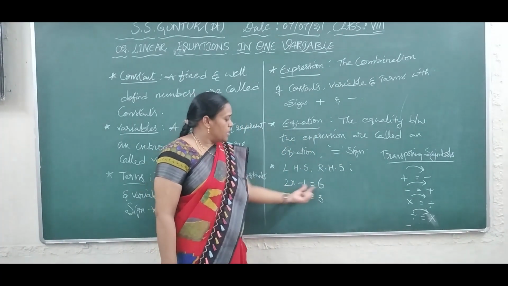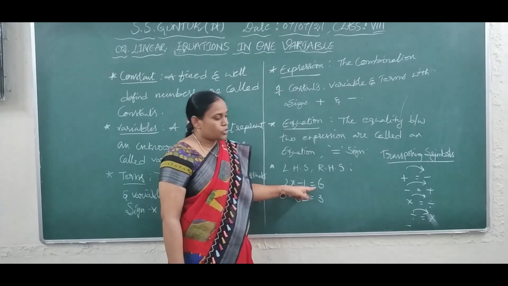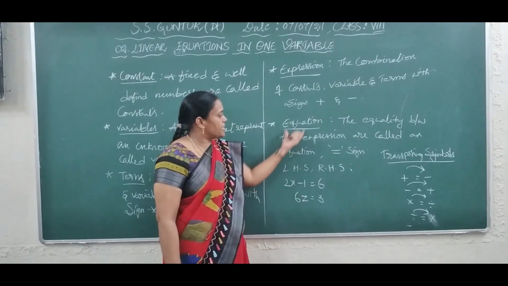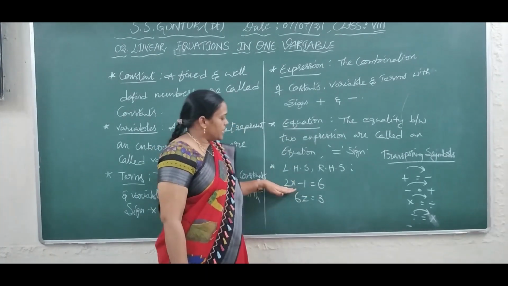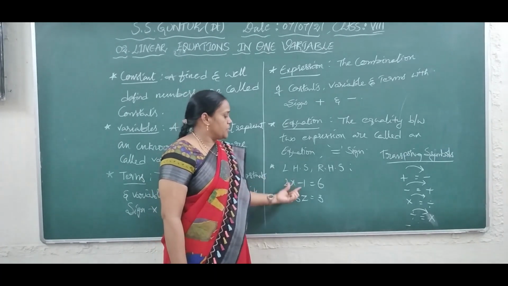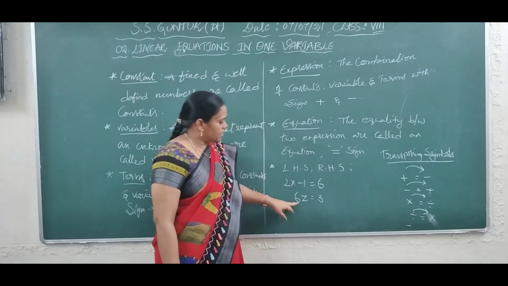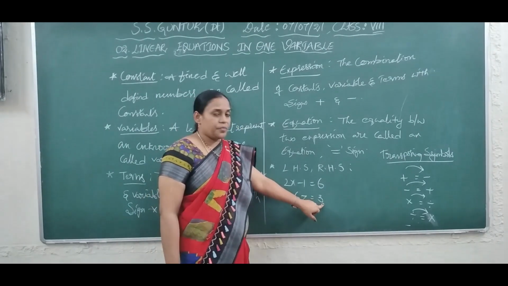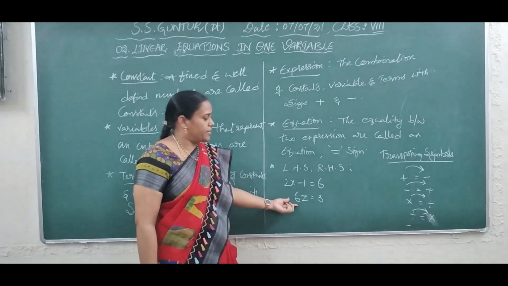See this example: 2x minus 1 is equal to 6. Here we have the equal symbol, so this is called an equation. Next, LHS, RHS. In this example, LHS is 2x minus 1 and RHS is 6. See this example: 6z is equal to 3. Here RHS is 3, LHS is 6z.